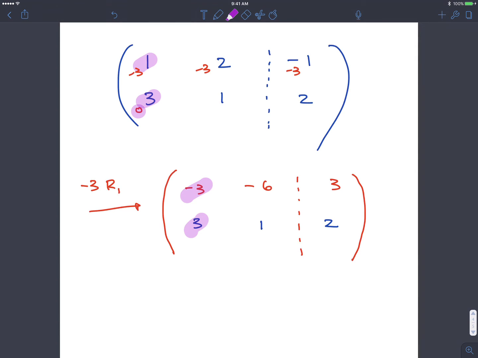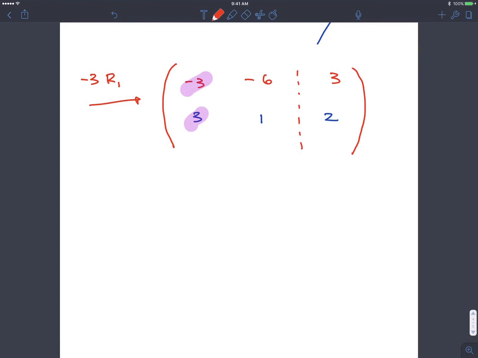One's positive, one's negative, but they are strictly opposite. We are now able to add row 1 with row number 2. So adding row 1 with row number 2 changes the entry in row 2.